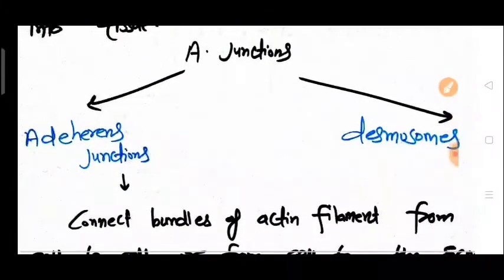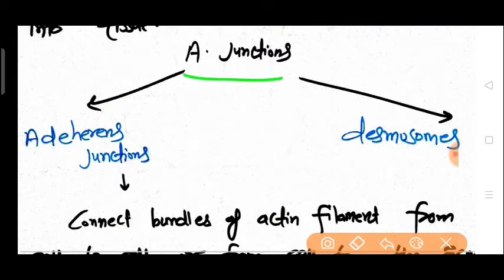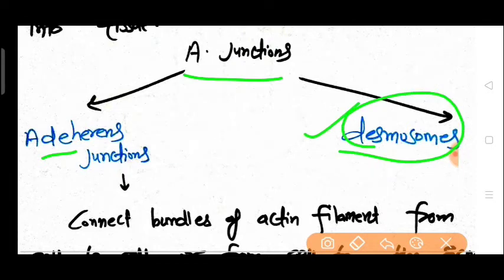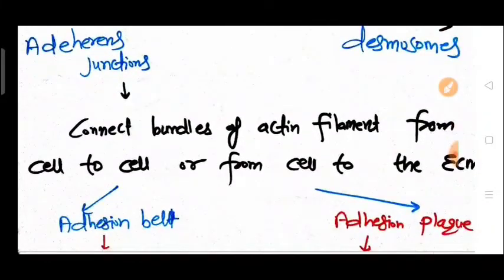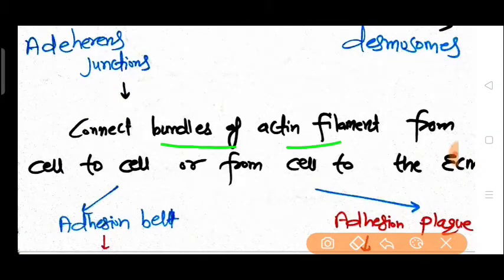Now we will talk about the division of anchoring junctions. We can divide them into two parts. First is adherent junctions, second is desmosomes. You have already heard about desmosomes, but we will see a brief explanation. First, let's see what adherent junctions are. Adherent junctions connect bundles of actin filament from cell to cell or from cell to the ECM.